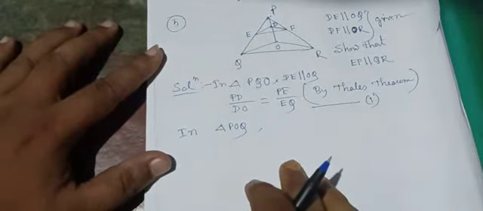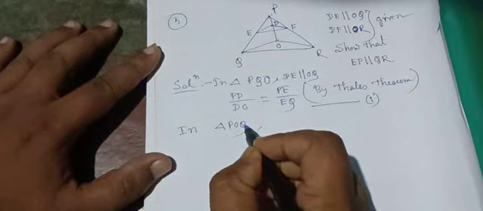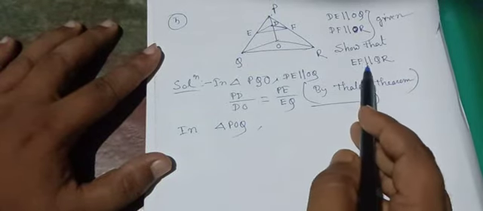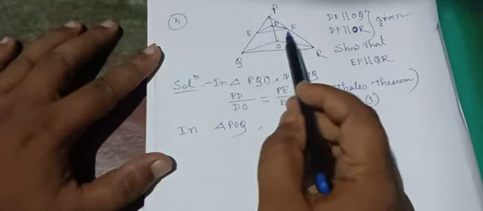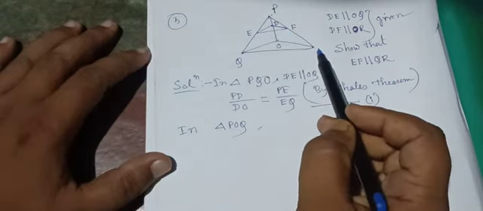Now we have to show that EF is parallel to QR.